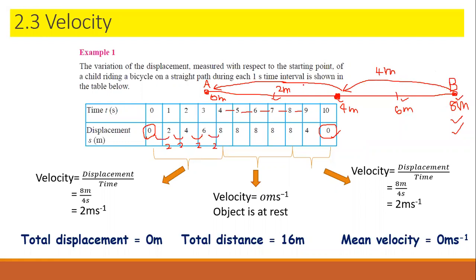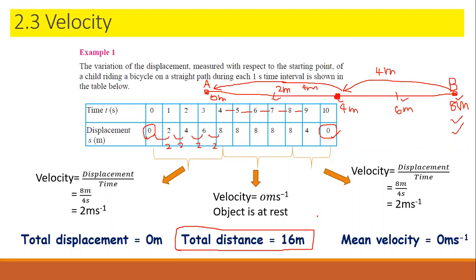Now again he is moving back 4 meters. So the total distance traveled is 16 meters. I know you would know these things because I discussed it earlier. That is the total distance, 16 meters.